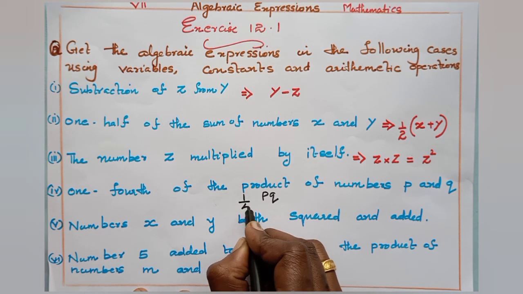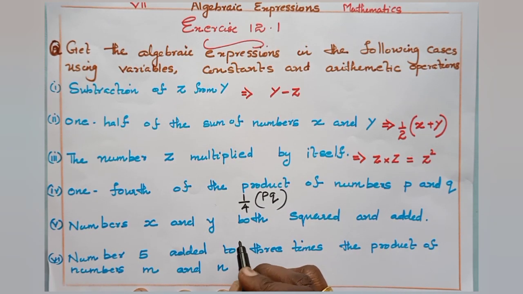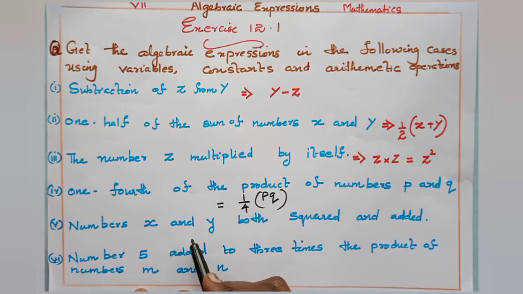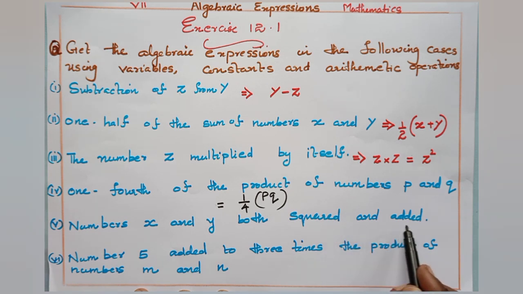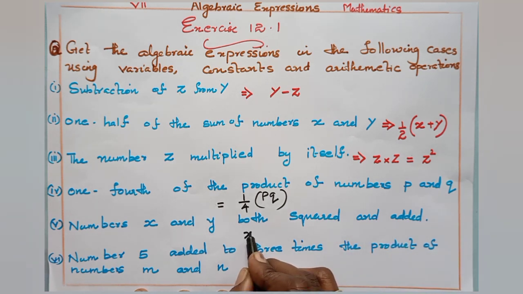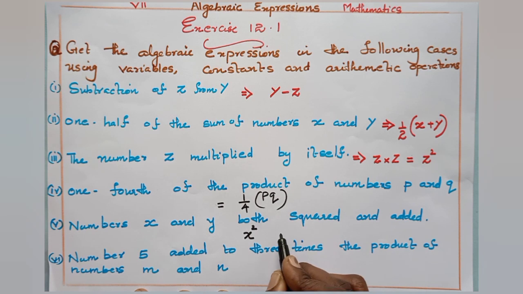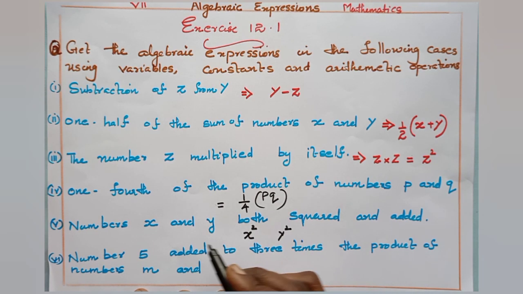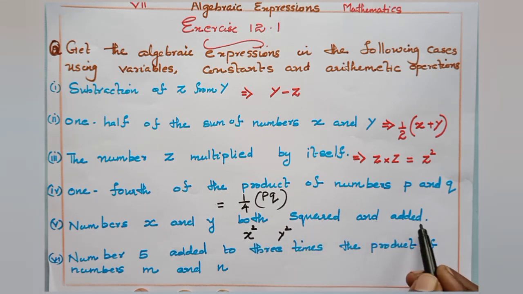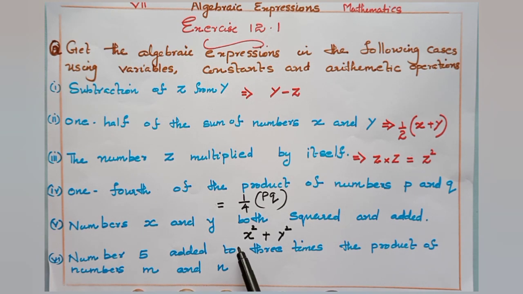So 1/4 of p into q. Next question, listen. Numbers x and y both squared and added. Square means x squared and y squared, and added means use the plus symbol. So the numbers x and y both squared and added means x square plus y square. That is an algebraic expression.